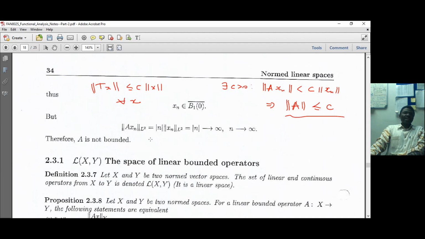All right. Now, if the limit goes to infinity, what does that mean? When we take this norm and take the limit, it goes to infinity.